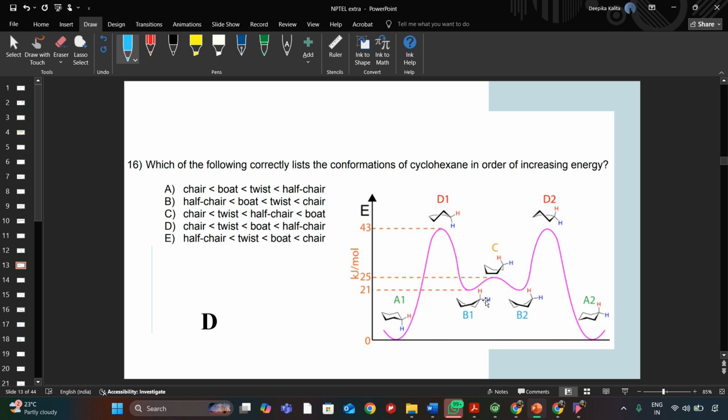And after rotating it by a further 60 degrees, we get the boat conformation, which has the second highest energy among all the conformations of cyclohexane. Hence, this is what the energy profile diagram of cyclohexane is going to look like. So out of all these options, option D is the correct option for this question.